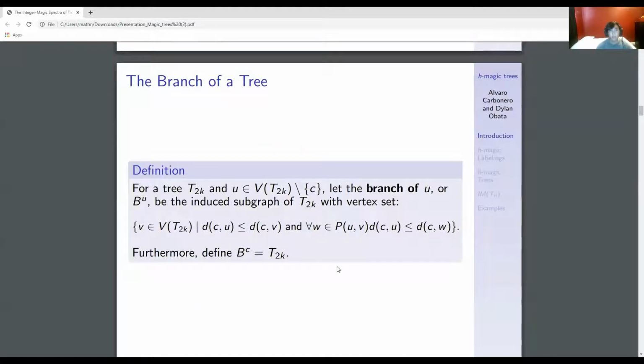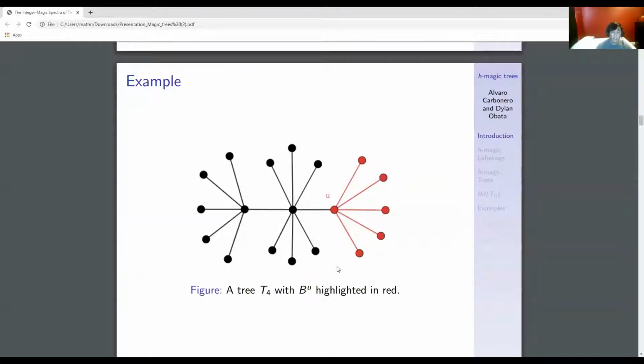Moving on, we have the branch of a tree. So for a vertex U, the branch of U, denoted by B of U, is the set of all vertices and edges extending from U and away from the center. And here's an example of that.